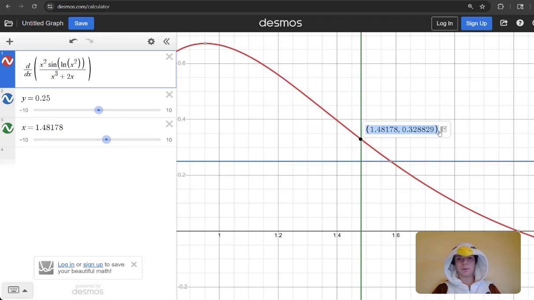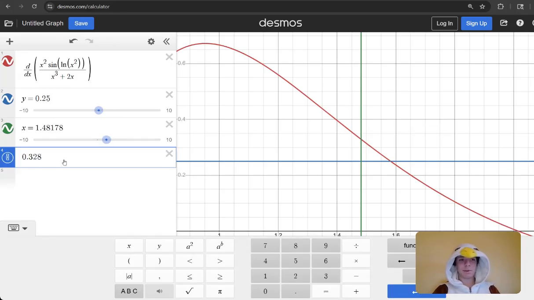And we can see that the derivative equals 0.328. Actually, it's 0.3288. On the AP exam, we want to round to 3 decimal places, so that's going to round to 0.329. And that's one way to find the derivative.